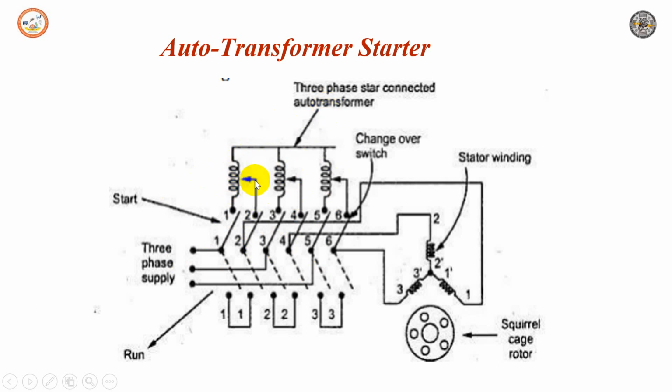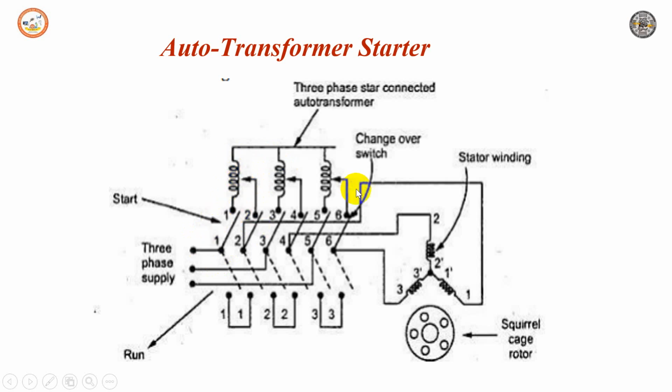So we apply the reduced voltage, because when you give this three-phase supply to connection points 1, 3 and 5, this auto transformer would be in star connection, and as we discussed in the previous video, the phase voltage will be 1 by root 3 times the supply line voltage. In that case, we have a reduced current at start.